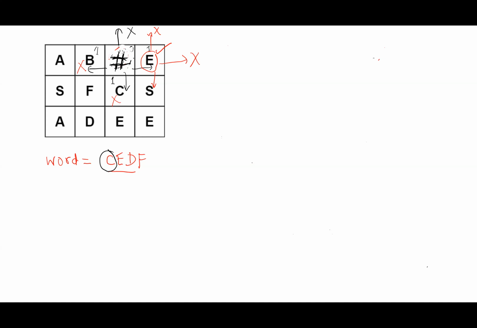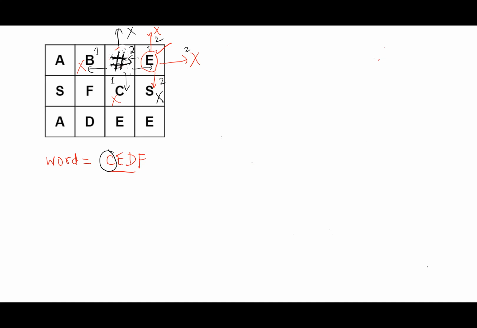Now here, once you come in this direction, you see that we are trying to match character 2. We keep track of how deep we are, so everywhere we are trying to match character 2. Character 2 obviously won't match here, and even here it won't match. So we are done.